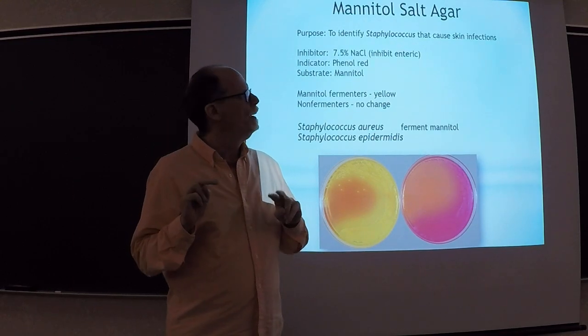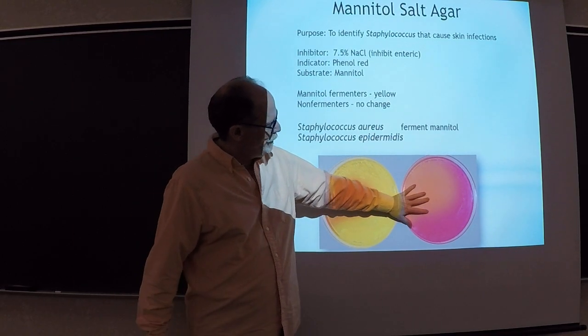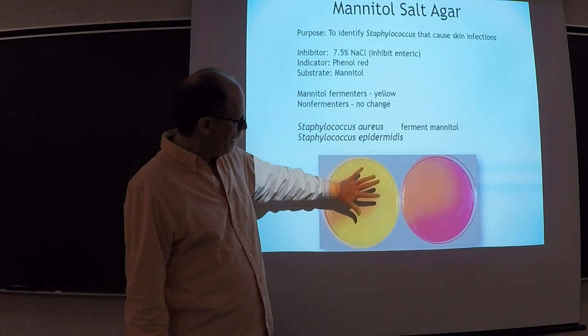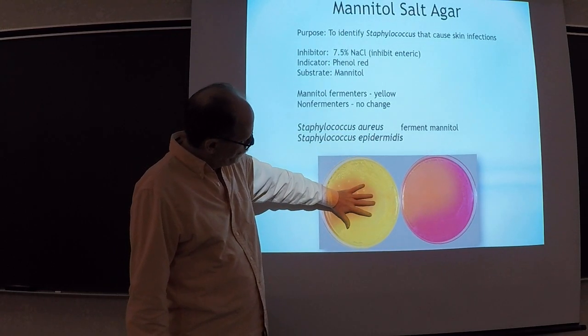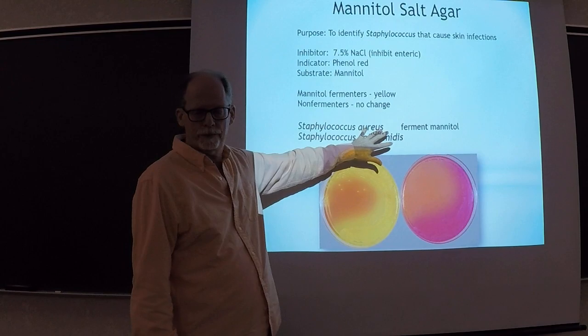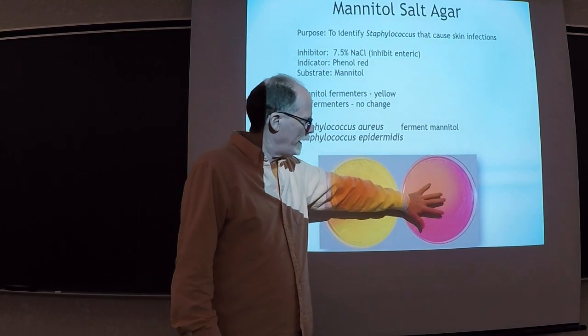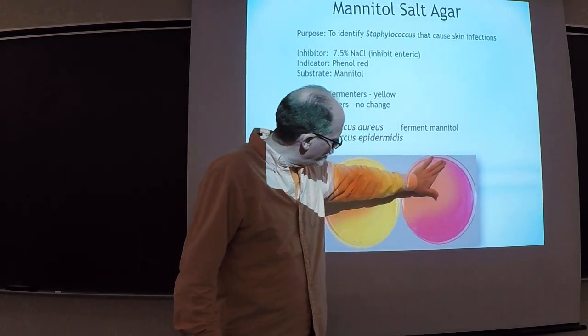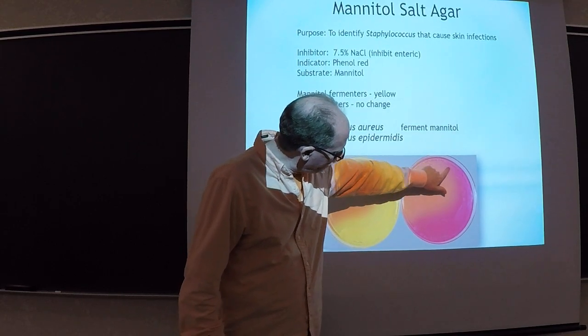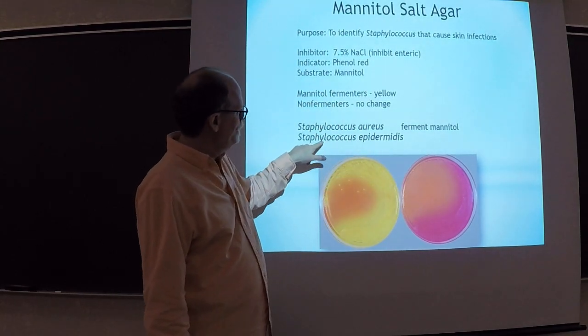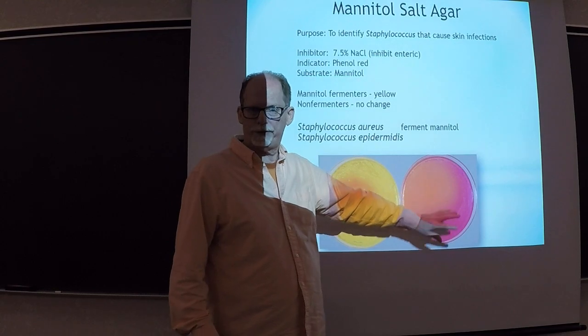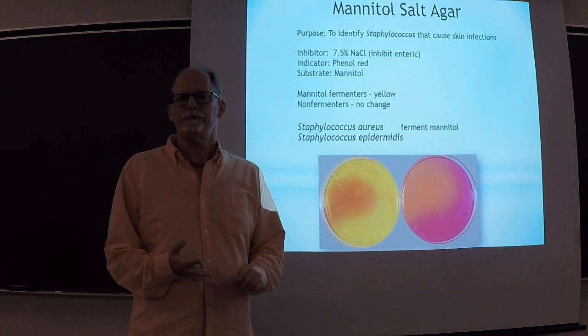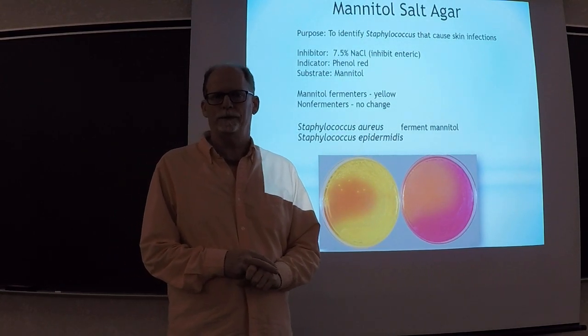So most bacteria will be inhibited, but Staphylococcus can grow. If it turns yellow, it grew, and it's probably Staph aureus. If you can barely see the bacteria growing on this plate, they're basically growing on it, then it's probably Staph epidermidis. It's Staphylococcus, but it can't ferment mannitol.